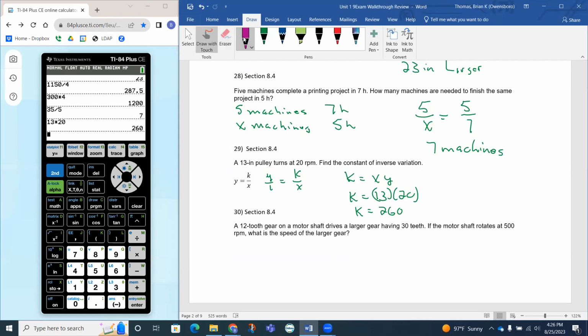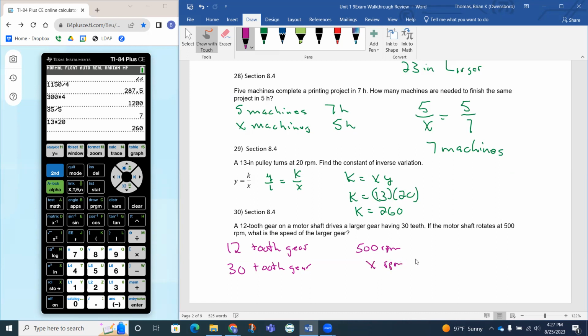If I note the notation here, I have the 12-tooth gear goes with the motor shaft, which is 500 RPMs. And then we have a 30-tooth gear. So it's being driven by the motor shaft, but it's going to be rotating at a much smaller RPM, which we don't know. That's going to be x RPMs.